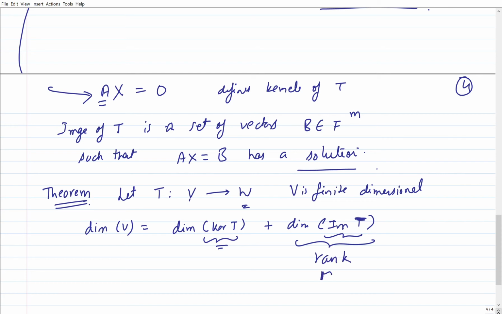This is r, the number, and the dimension of the kernel is known as the nullity, and one can represent it by k. So essentially, the dimension of the vector space V is nothing but rank plus nullity.